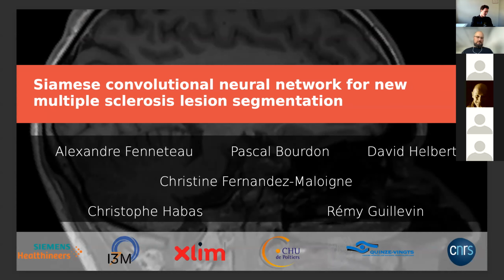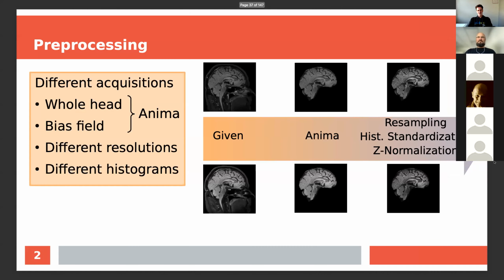So I'm Alexandre Finito, and I will present you our methods for new multiple sclerosis lesion segmentation. First of all, we perform quite small preprocessing in order to keep only the brain and to correct the field inhomogeneities.